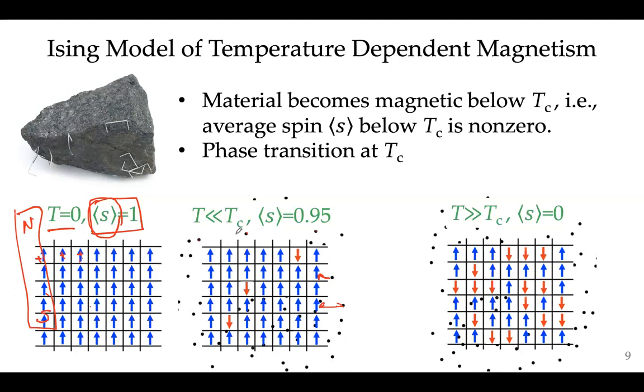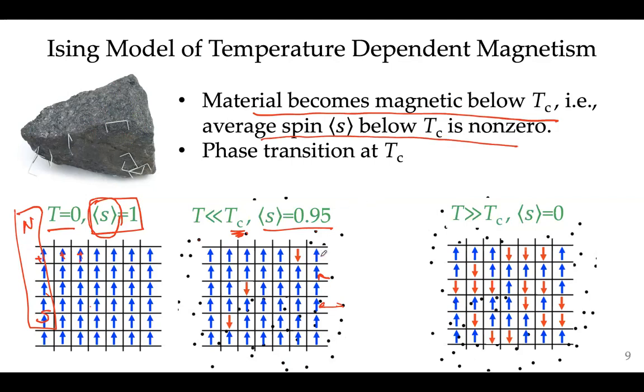But even if you're still below TC, the critical temperature, some of the spins are maybe flipped, but overall the magnetism will be preserved. It's not going to be 1, but it's going to be close to 1. So the system is magnetic below TC. Material becomes magnetic below TC, so the average spin below TC is non-zero.